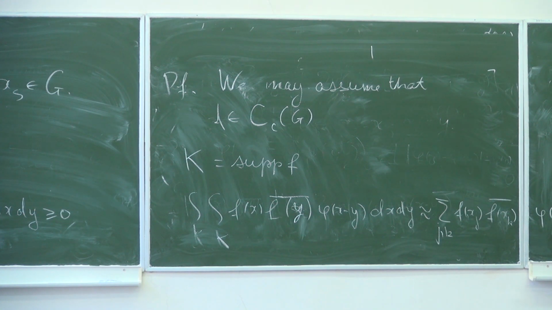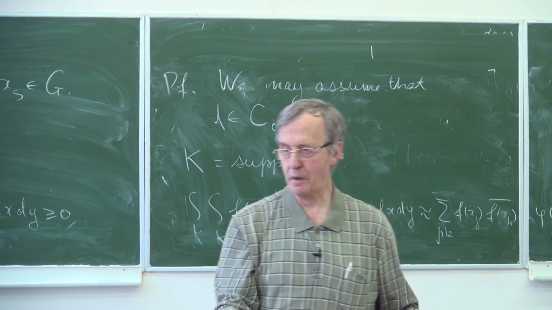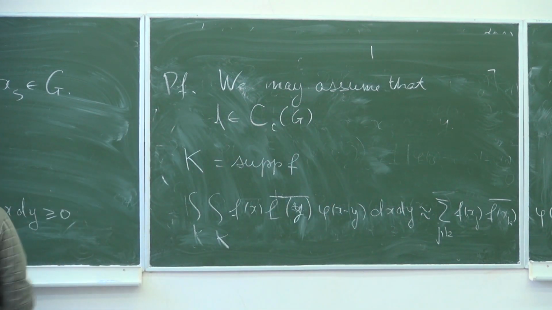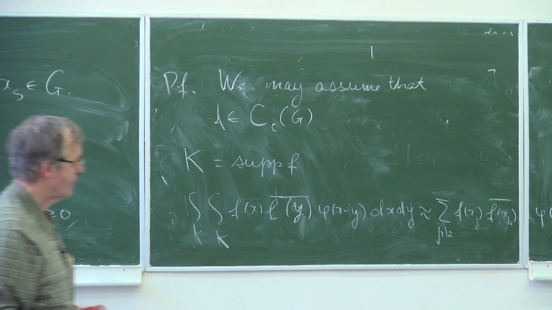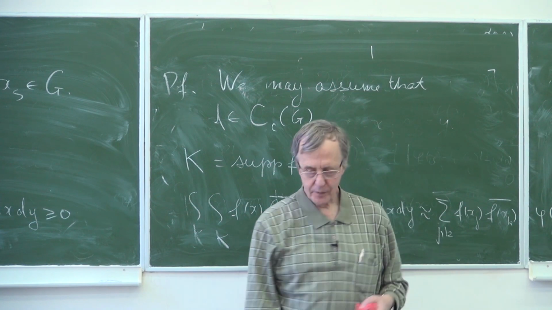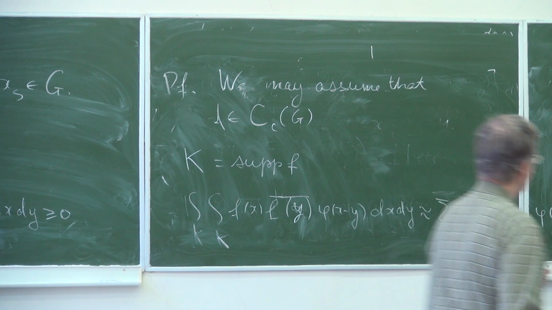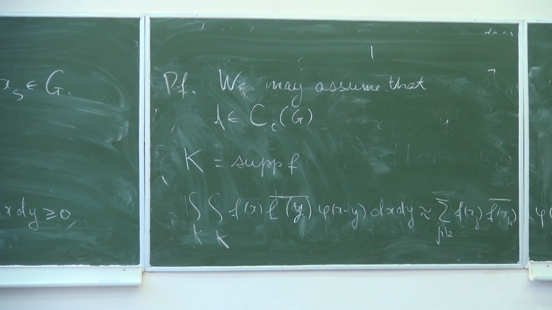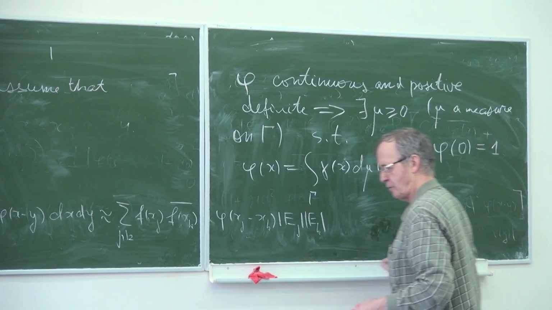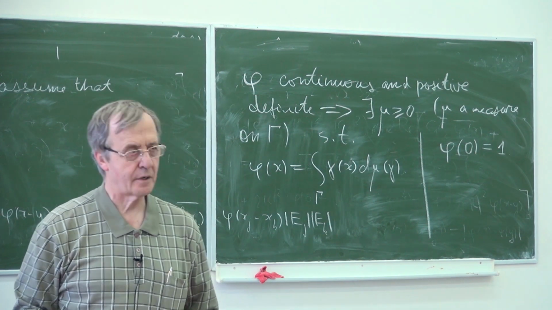So when we replace all functions by values at something appropriate, then we obtain this sum, and this sum is non-negative because of this. So we simply unite this with this, and okay. I forgot to say that we may assume that phi of 0 is equal to 1 just by normalization, because if phi of 0 is equal to 0, then there is nothing to prove.